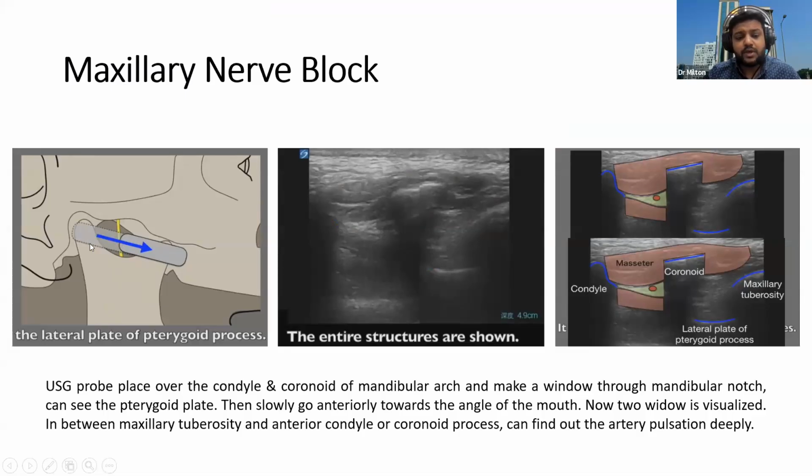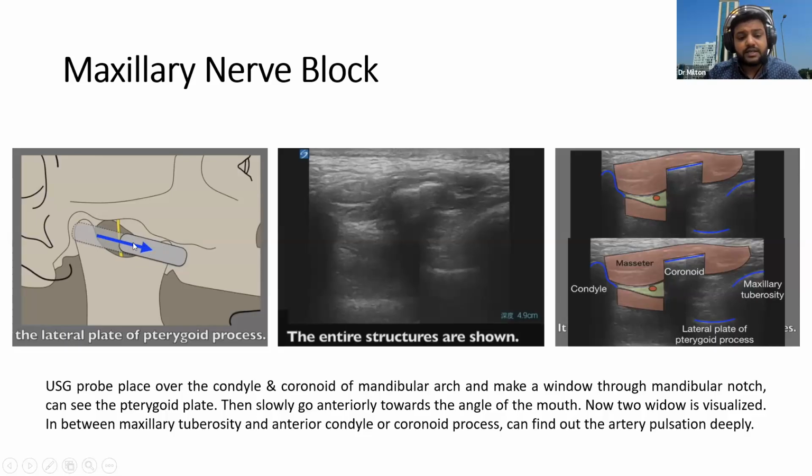This is the zygomatic arch, and the posterior part forms the TM joint. This area is called the condyle, and the anterior part that is free is called the coronoid. Over this area we put our ultrasound.